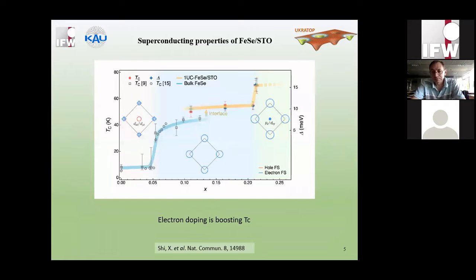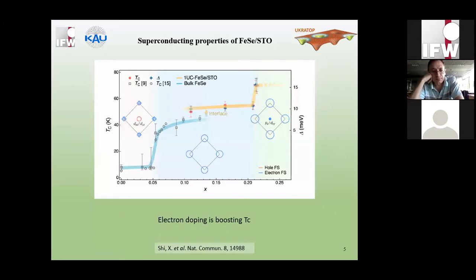On the next slide, you can see the phase diagram of iron selenide. When we increase doping by potassium, the critical temperature increases both in bulk and in the thin film. Thus, when we increase the Fermi level and the number of electrons, the critical temperature increases.